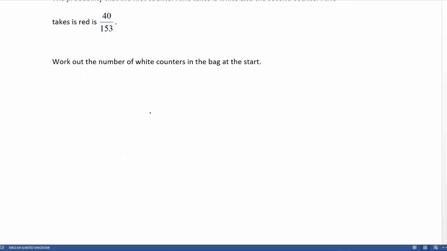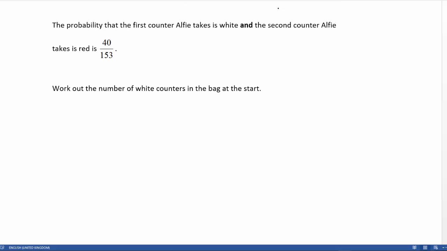Okay, I'm just going to scroll down. What I can tell you is that these are 2 events that are taking place here. Right? So the first event, if I scroll back up slightly, is we take a white counter out of the bag. The second event is we take a red counter out of the bag. We don't know how many white counters we have, so we're just going to say this is X counters.